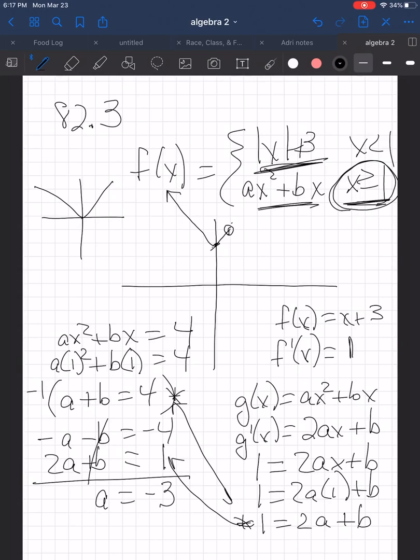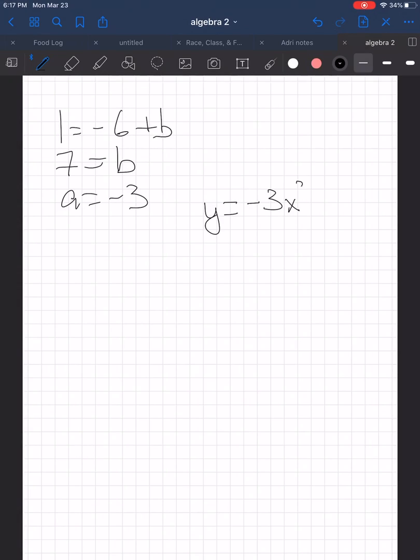I can take that negative 3 and put it right here and solve for b. So 1 equals 2 times negative 3 plus b. 1 equals negative 6 plus b. So then b would be equal to 7. So a is negative 3 and b is 7. So then that equation would become y equals negative 3x squared plus 7x.